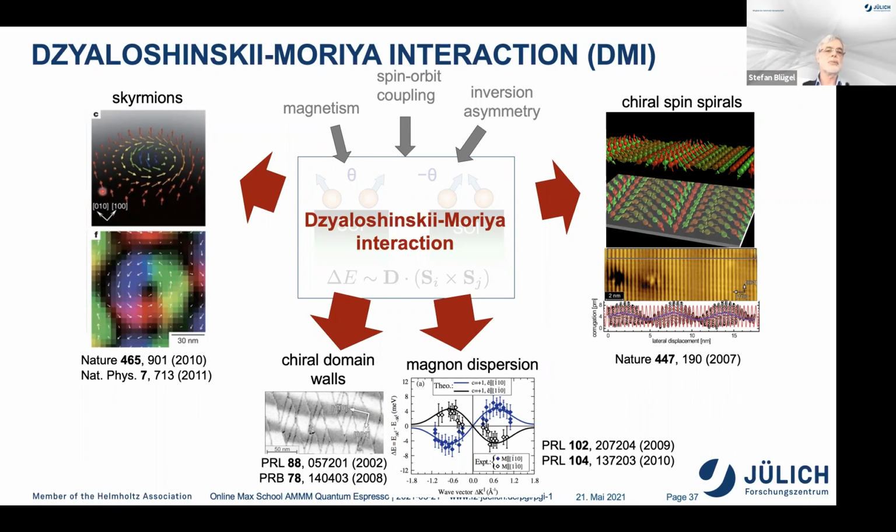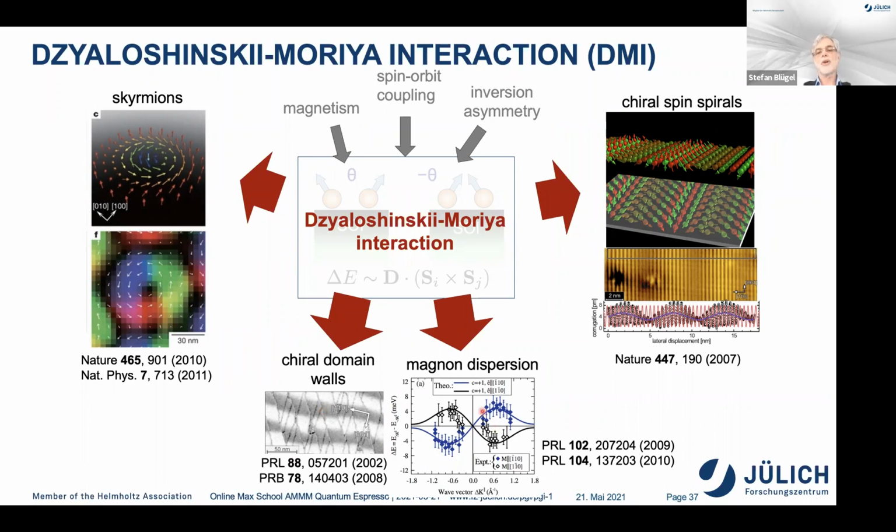These are one-dimensional magnetic structures. It's also responsible for the two-dimensional magnetic structures. And here you see an example of a skyrmion, which is calculated and measured experimentally. It is also responsible for chiral domain walls. These chiral domain walls are extremely stable because they don't flip to the energetically equivalent one, and therefore you can move them with high speed.